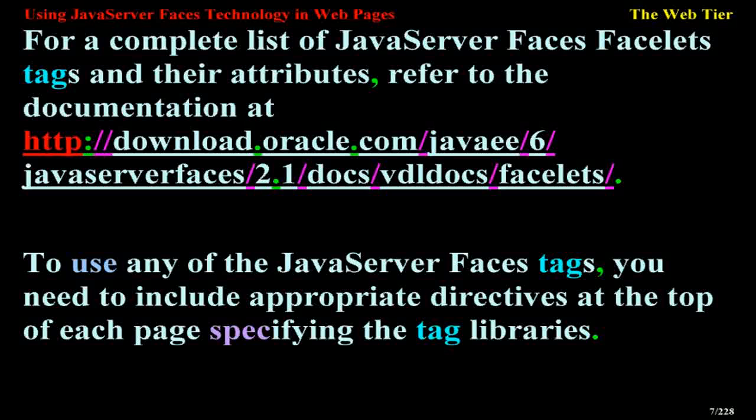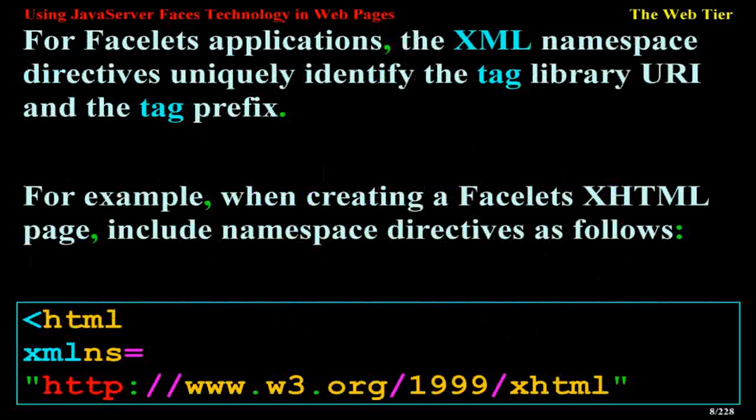To use any of the JavaServer Faces tags, you need to include appropriate directives at the top of each page specifying the tag libraries. For Facelets applications, the XML namespace directives uniquely identify the tag library URI and the tag prefix.